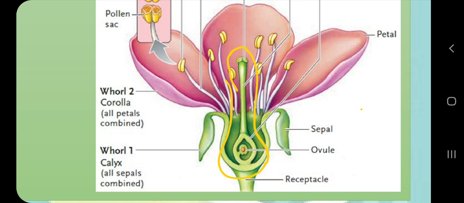This carpel has 3 structures: stigma, style, and ovary. Stigma is the part where pollen grain lands. So we can define pollination as transfer of pollen from stamens to carpel, or from anther of stamen to stigma of carpel.